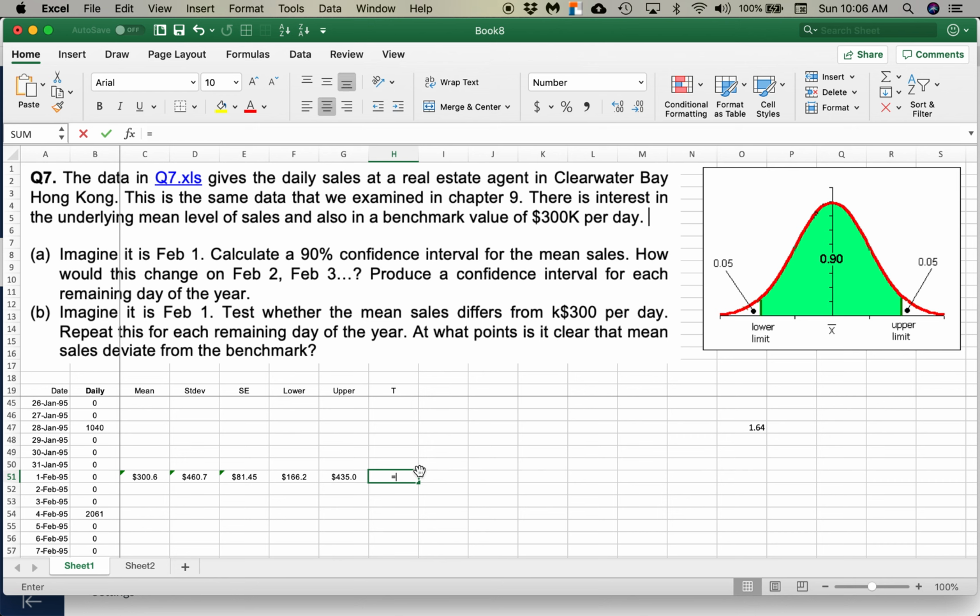So that will be equal to the x bar minus the benchmark of 300, which we were given in the problem. And let's put that in parentheses so that the order of operations isn't compromised. And divide that by the standard error, which is right here. And so we get a T statistic of 0.008, which is quite low.